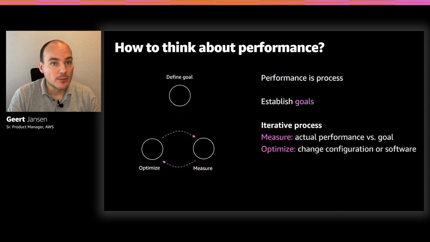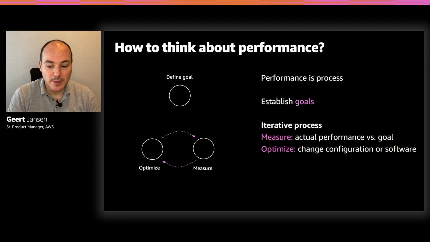Now, it's also very important to define goals for performance. One goal might be, I just want to have the best performance possible. I would assert that that's not necessarily the best goal. Performance also has a cost associated with it. For example, you need time to optimize your application. That's developer time, that costs money. You might need additional servers or more powerful servers.